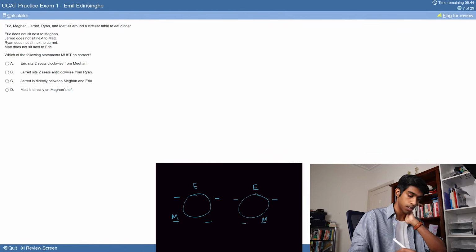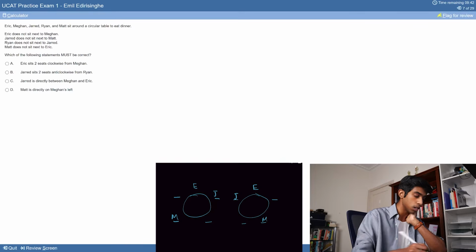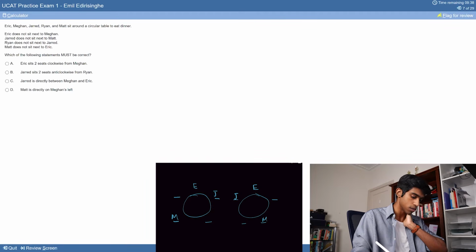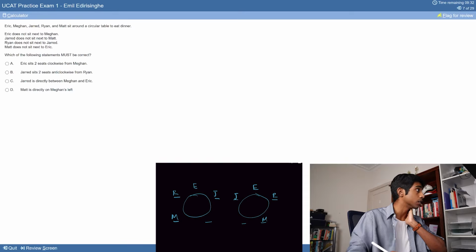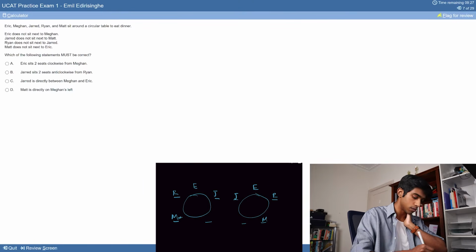Jared does not sit next to Matt, so Jared must be either here or here. Ryan does not sit next to Jared, so Ryan must be here or here. And then you had what? Megan, wait. This was Matt, sorry. This is Matt. Matt, you have Megan.